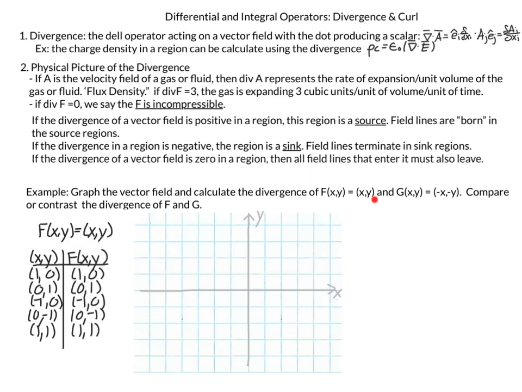We will start with F(x,y) = <x, y>, which is a nice little vector field. I rewrote the formula here. I have different points for x and y, and I started with small values, which is always a good thing to do. And then I wrote what F(x,y) equals, and it's just equal to the same vector.